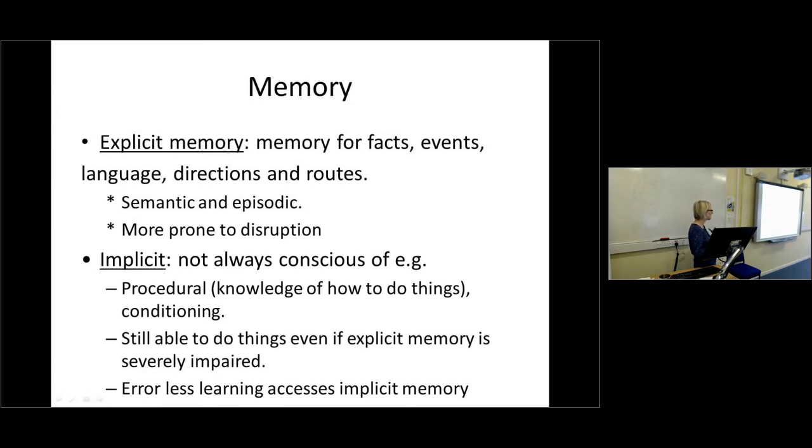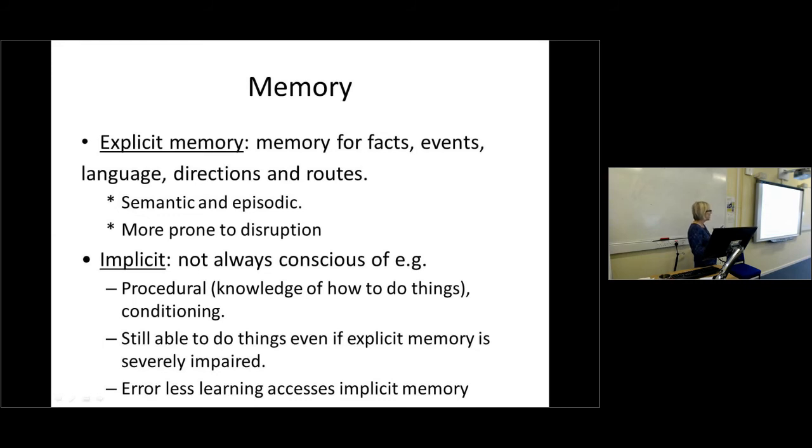It's your memory for facts and events, directions, routes. We can talk about factual memory, and we talk about episodic memory, which is, what did you have for breakfast this morning? Can you remember where you spent your 18th birthday? Those sorts of memories. And they can be very easily disrupted by injury.